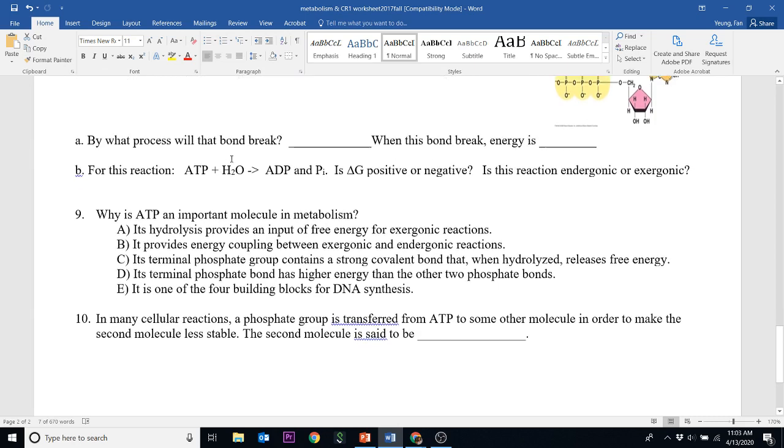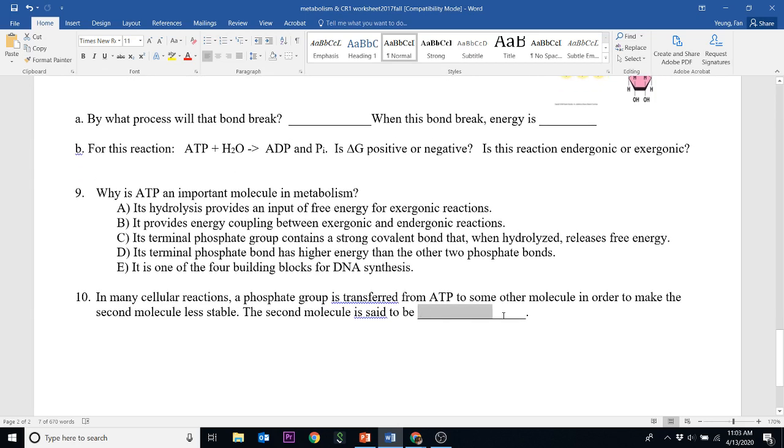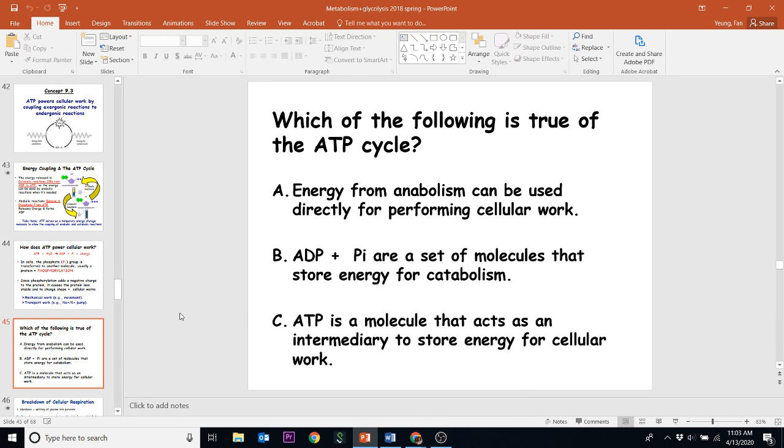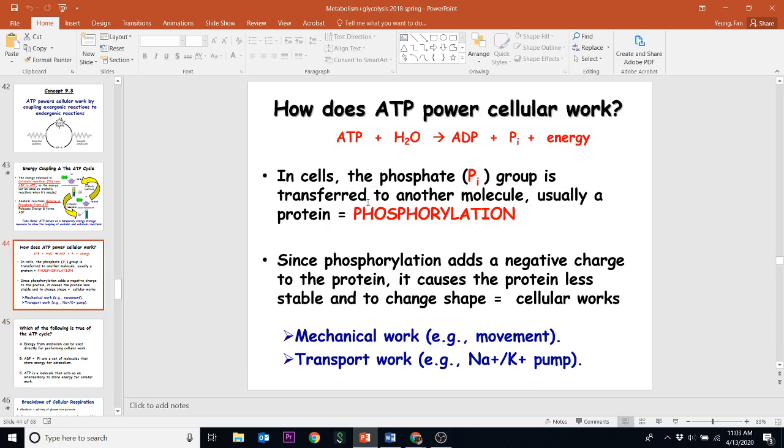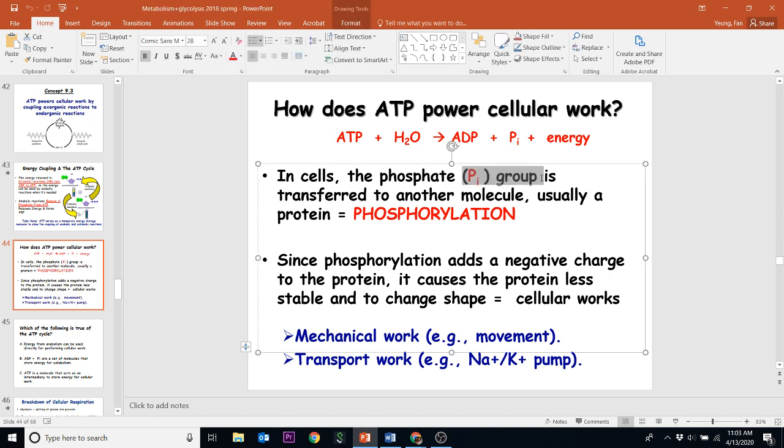So I think you guys are good with all except this one. For some reason, you guys can't find this one. If you look at the PowerPoint, the answer for this one is right here, right?